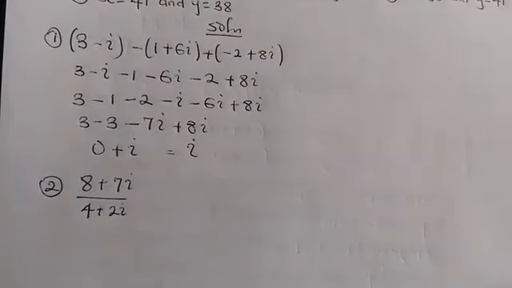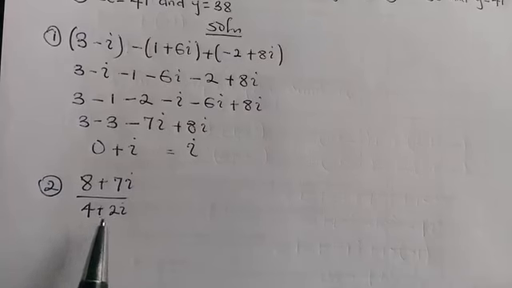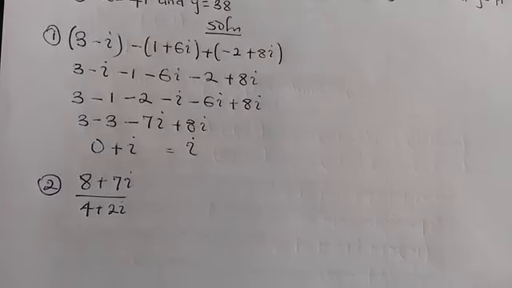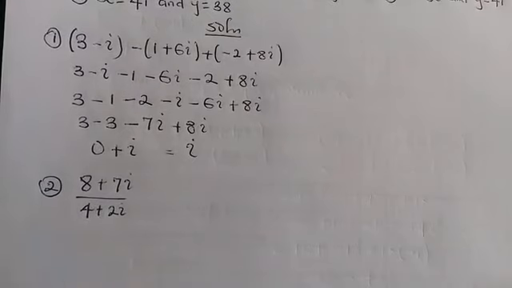Remember, while we are looking at the division of complex numbers, we said since we have two independent terms in the denominator, we cannot do direct division. And so we need to rationalize the denominator by using the conjugate. So since this is 4 plus 2i, the conjugate of this is going to be 4 minus 2i.